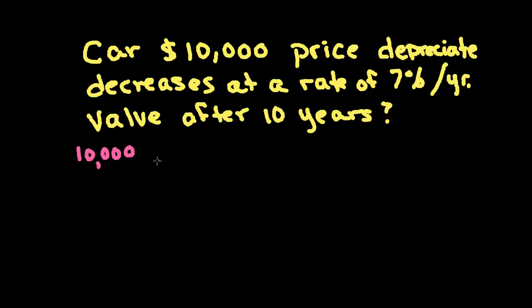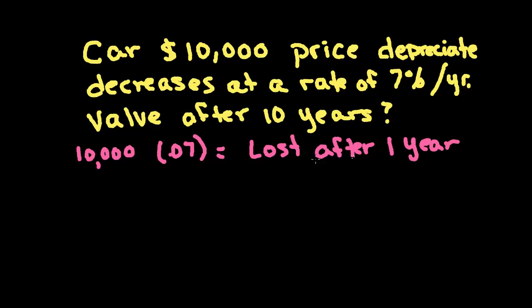In the first year, it's $10,000, but it loses 7%, so I'd multiply 7% times 10,000. I'd find the value that it has lost after 1 year, get that new value, and then continue that process for a total of 10 years.